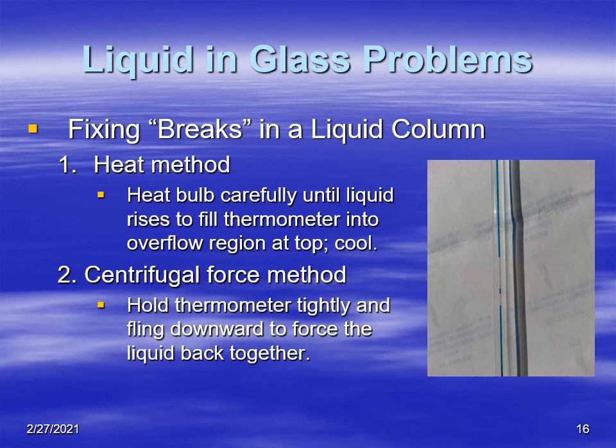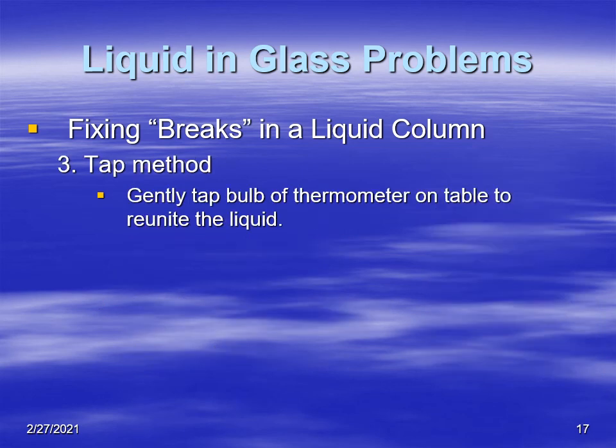What you want to do is put it maybe in some boiling water and let that go up, and then cool it down under some cool water. Or you can sling the thermometer, once again similar to a maximum thermometer where you use centrifugal force to push the fluid down back into the bulb. Or you can tap the thermometer on a table, being very careful, to gently reunite the column of liquid.